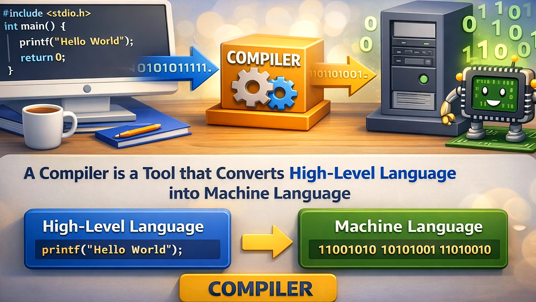But the processor inside a computer or microcontroller does not understand C language directly. A processor understands only machine instructions, which are basically binary instructions made of zeros and ones. So there must be something that translates human-readable programming code into machine-understandable instructions. That translator is called a compiler. So in one simple line, compiler equals high-level language to machine language translator.